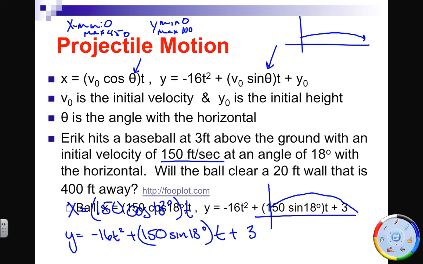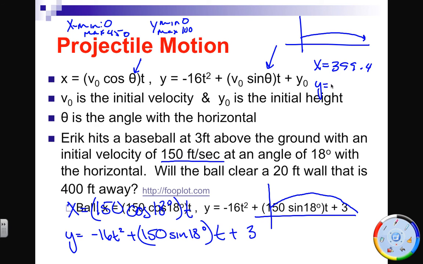What you can do, again, is you can trace. And if you go out to x equals 400, which is kind of hard to do, actually. But I can trace, and my trace will bring me out to x equals 399.4. And you could probably estimate pretty good.